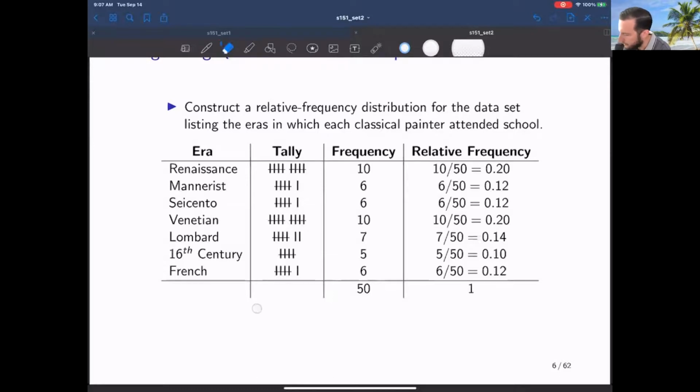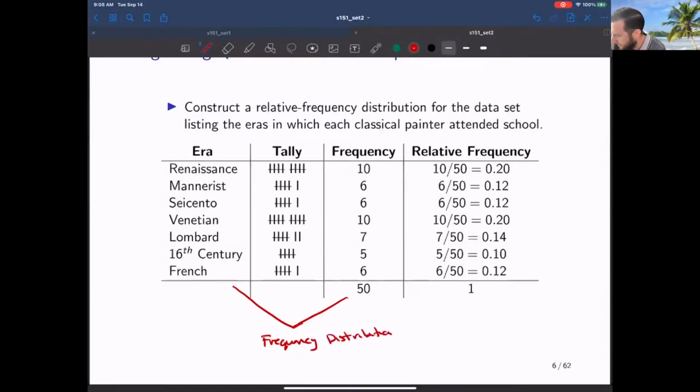Okay, so this column here and this column here, this would be the frequency distribution.